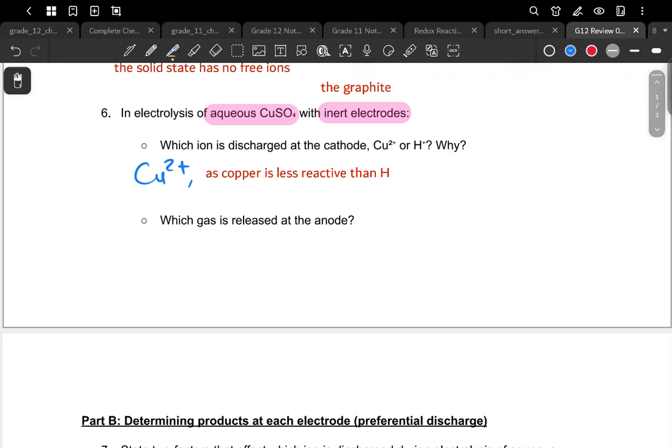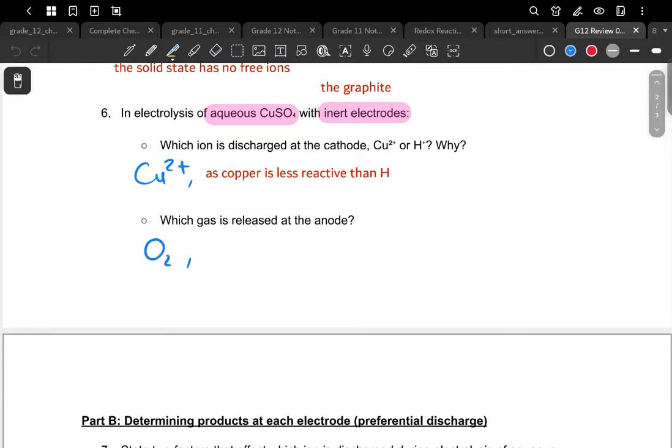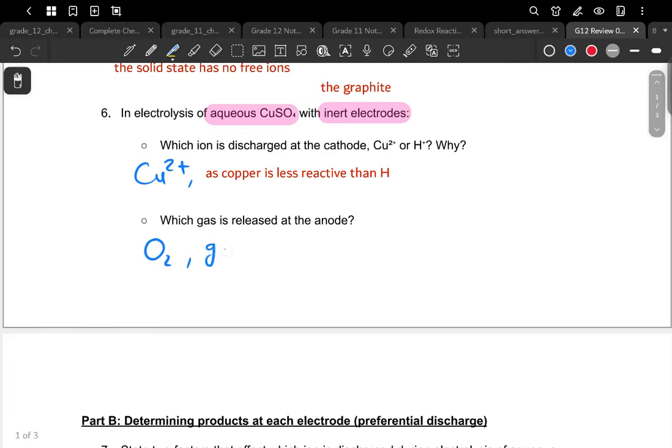Which gas is released at the anode? If you remember, oxygen gas, the same that we saw in the lab, is released at the anode. How does this happen? Because of the oxidation of the hydroxide ion.